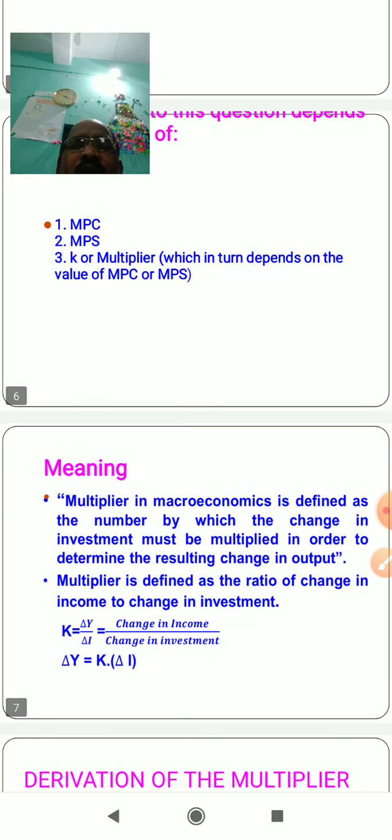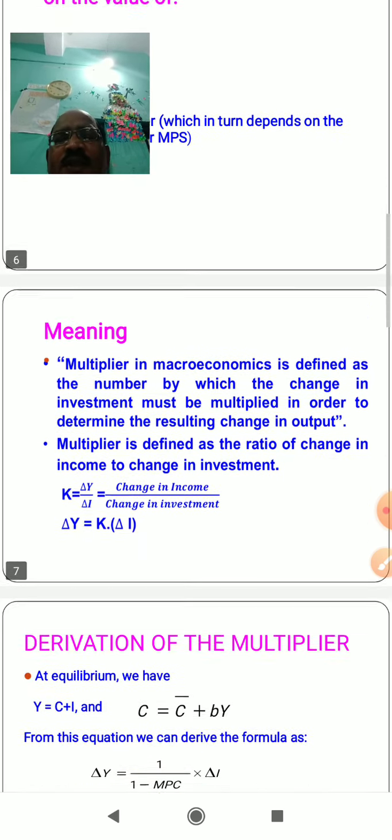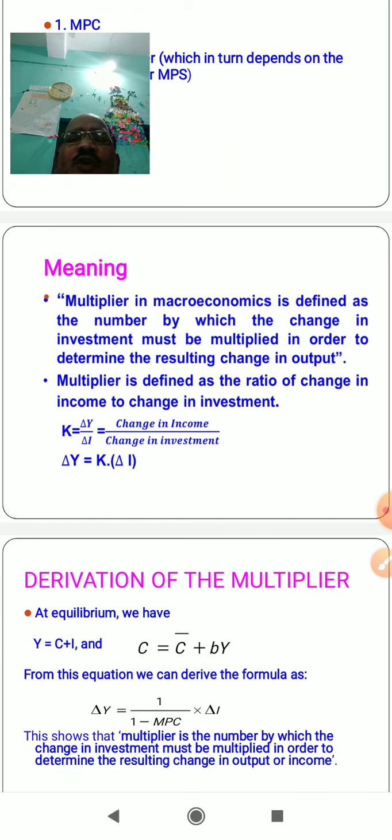The multiplier in macroeconomics is defined as the number by which the change in investment must be multiplied in order to determine the resulting change in output. The multiplier is defined as the ratio of change in income to change in investment. That is denoted as K.